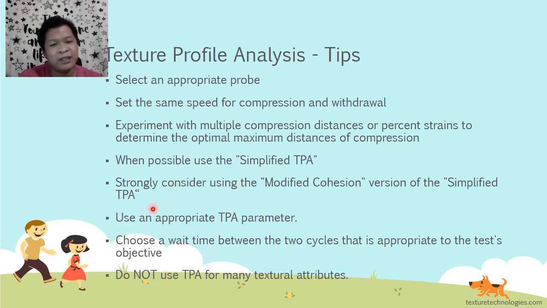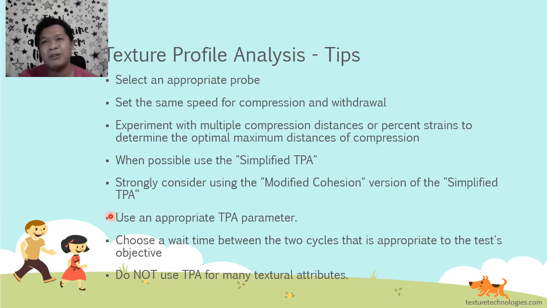Tapos, since yung TPA parameter, these are mostly just calculated from the graph, kailangan aware ka based dun sa nature ng product mo if the TPA parameters make sense, no? So, yun nga, kaya nakita nyo dun sa mga tables kanina, merong TPA na walang fracturability.